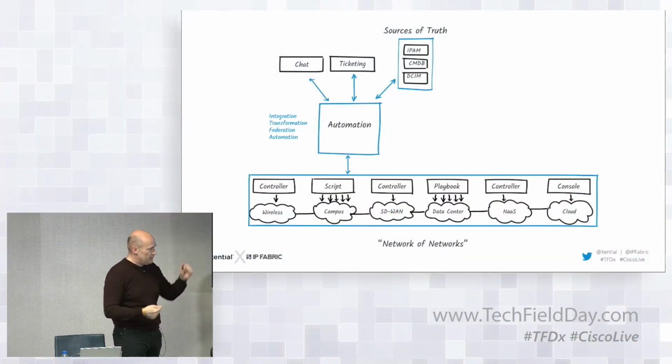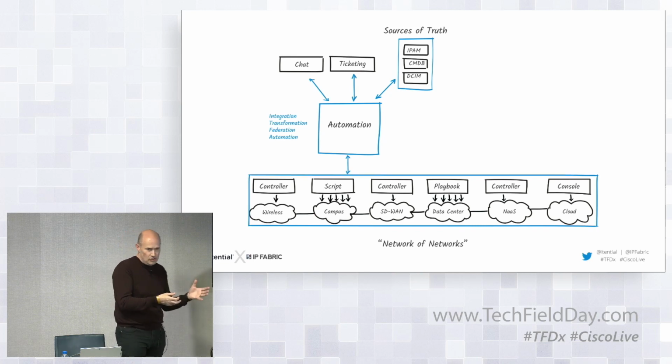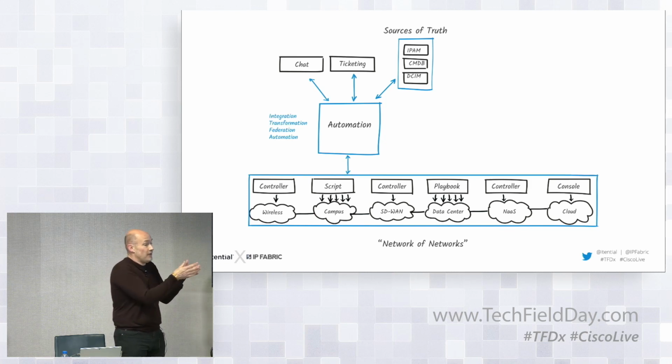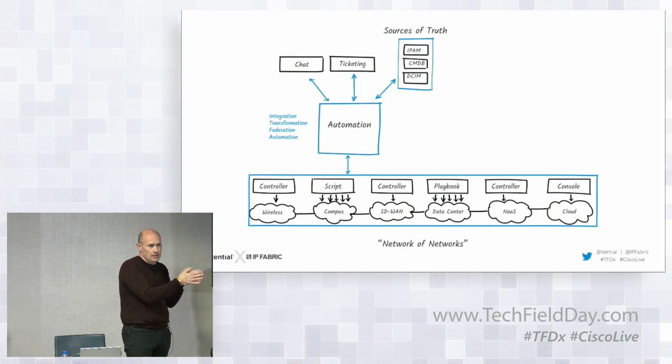For example, if you're bringing up a subnet in your cloud infrastructure, you need to make sure that subnet is redistributed through the WAN so that it's accessible from the LAN and so on. So your changes are much more complex than just making a config change and looking that the config has been fixed in a particular point in the network.